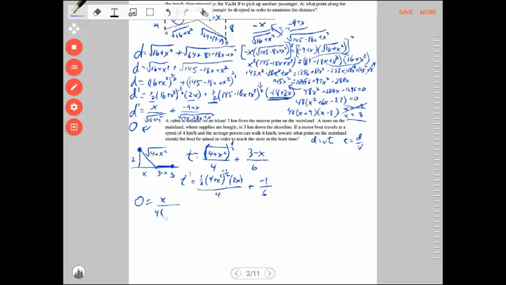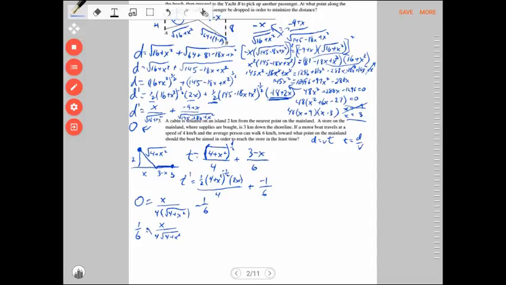And then we end up with the square root of 4 plus x squared. Plus, well, it's plus negative a sixth, so really that's just minus a sixth. So minus 1/6. We're going to take that negative 1/6 and move it over, so positive 1/6 equals x over 4 square root of 4 plus x squared.